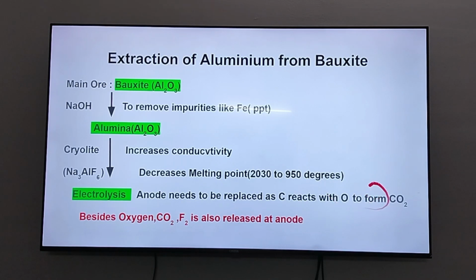Besides carbon dioxide, we also get oxygen and fluorine at the anode. The fluorine comes from the cryolite, and oxygen, carbon dioxide and carbon monoxide come from the oxygen. Our molten aluminium deposits at the cathode, which can be used, further refined, and then made into alloys.